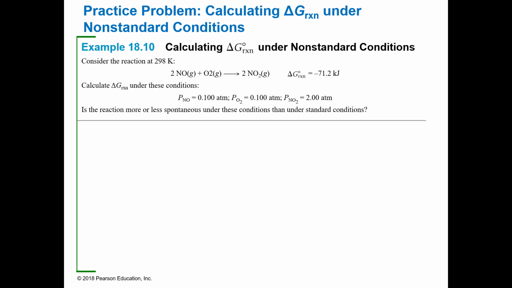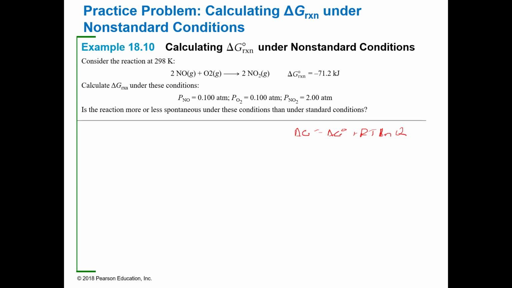All right. So the first thing that should come to mind here is delta G, non-standard conditions, is equal to delta G naught plus RT ln of Q. All right, so that's what we need.